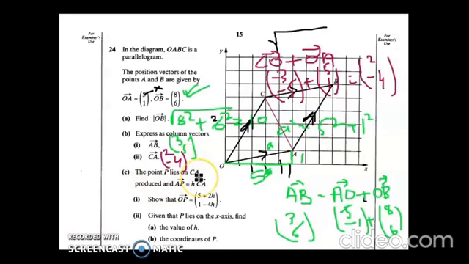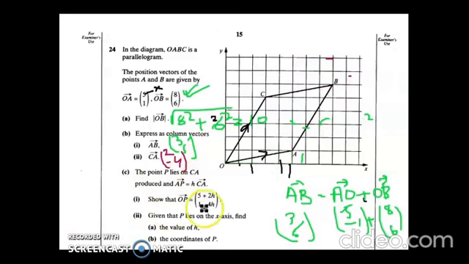The point P lies on CA produced such that AP is h times CA. So it is on the line CA. Let's make that line again. Let's say that this is point P, such that AP is h times CA. Now, show that OP is 5 plus 2h, 1 minus 4h. OP means the position vector.